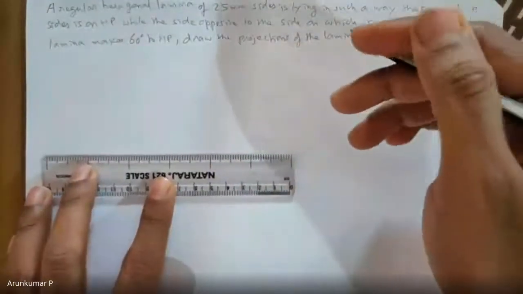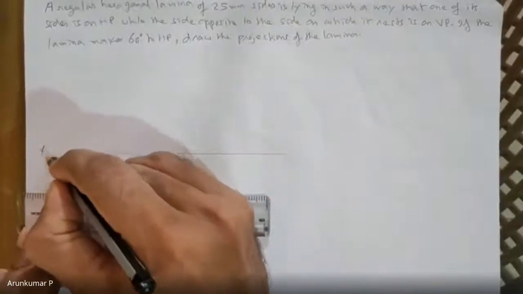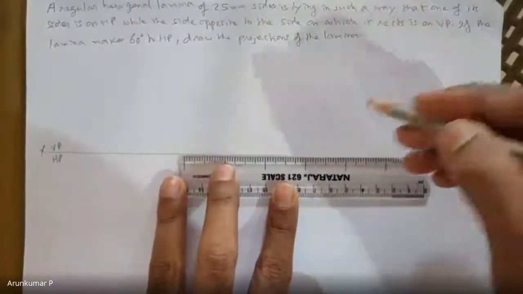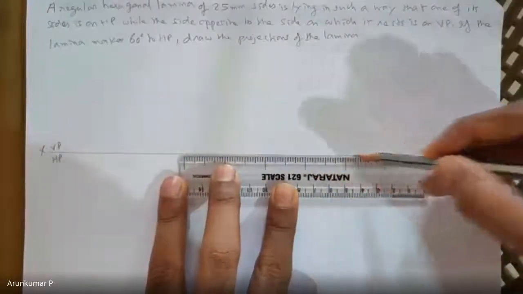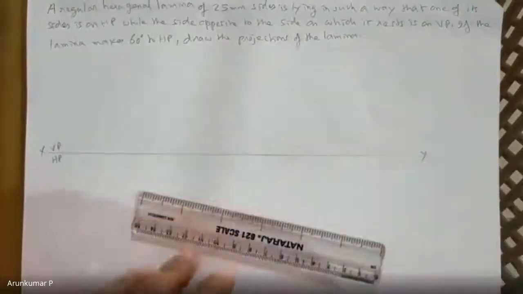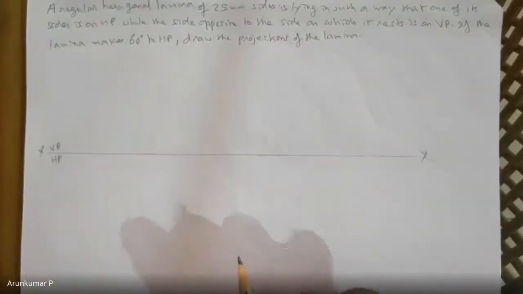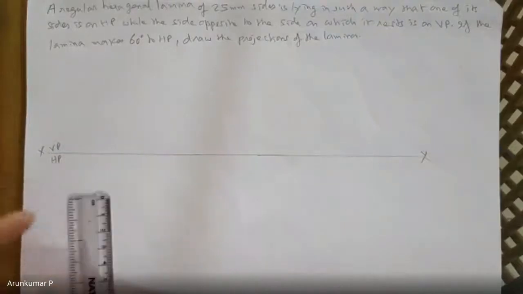So, step one, XY line and all. You have to draw a hexagon of 25 mm side.